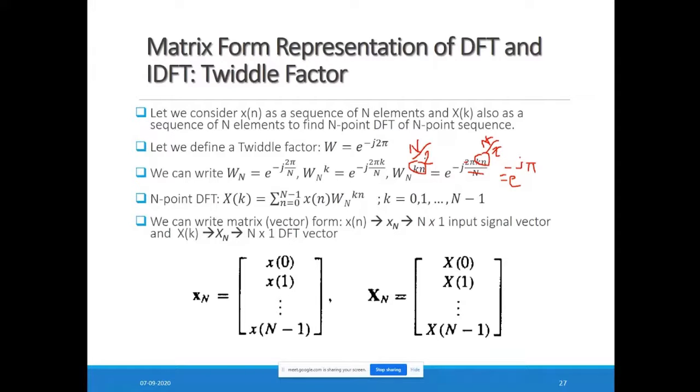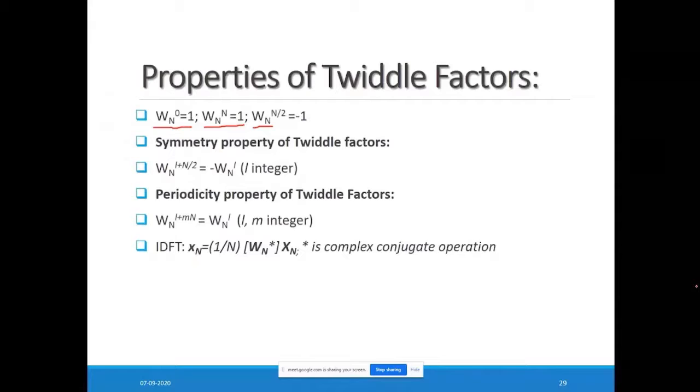Here e raised to minus j 2 pi, with kn replaced by N by 2, the N is cancelled out and the 2 is cancelled out. The remaining term is e raised to minus j pi, again a complex term, that is cos pi minus j sin pi. If you solve this, the answer is simply minus 1.